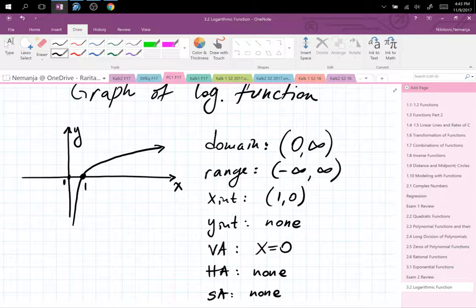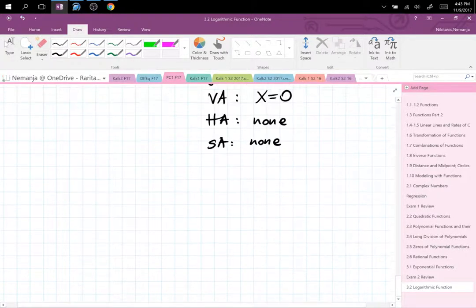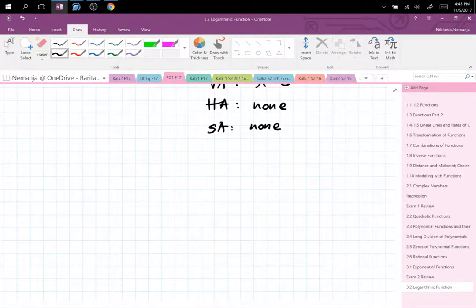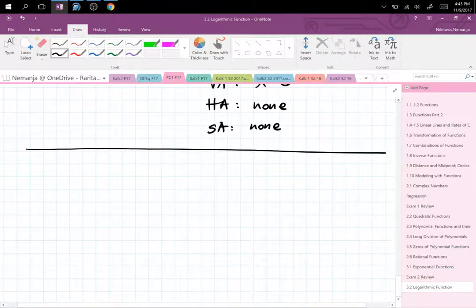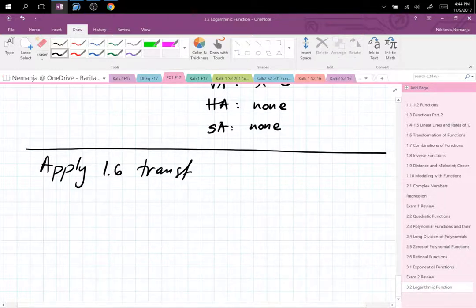These are the basic features. Now we need to shift and move and reflect and do all of those cool things from 1.6. I promise that 1.6 will never go away. So apply 1.6. Transformations. Great.